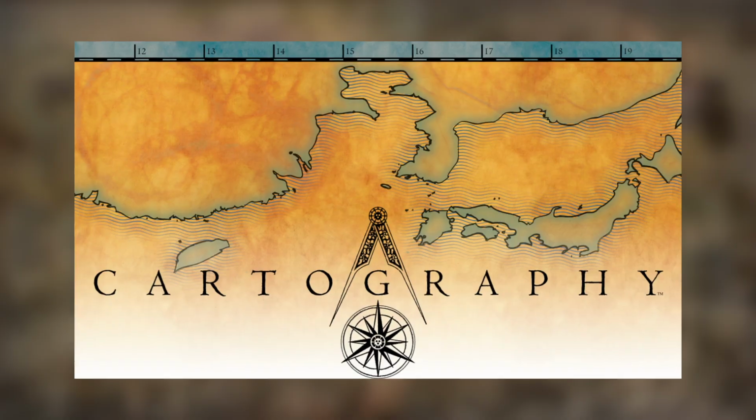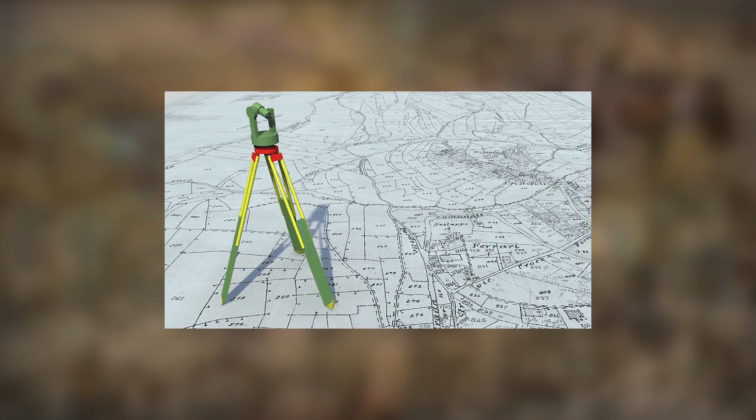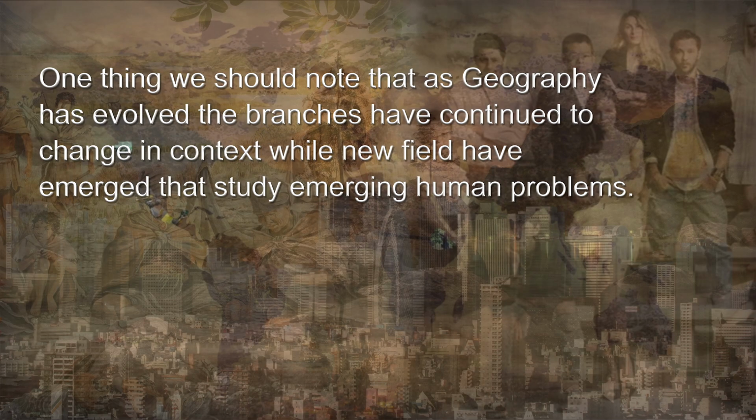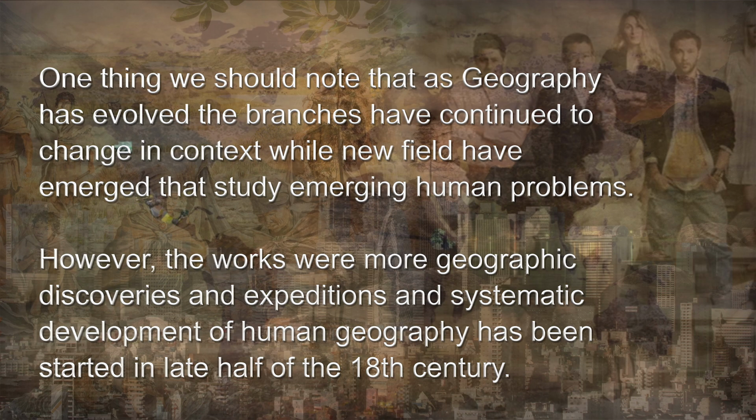The expeditions from Europe towards east and west resulted in the development of cartography, map making and surveying, including the development of map projections. One thing we should note is that as geography has evolved, the branches have continued to change in context while new fields have emerged that study emerging human problems. However, the works were more geographic discoveries and expeditions, and the systematic development of human geography started in the later half of the 18th century.